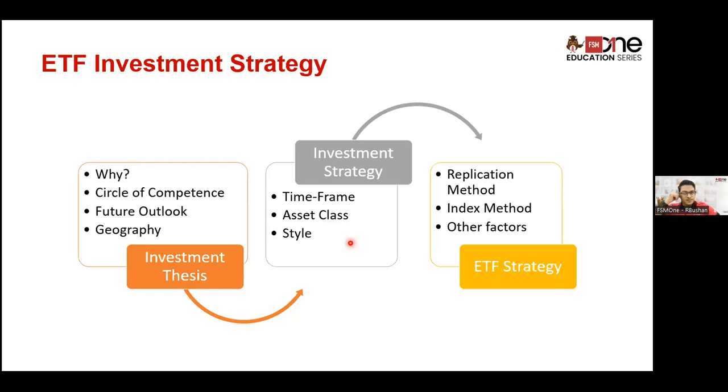Second is the circle of competence. This is very important. Say you want to invest in AI. If you don't have any experience or understanding of that industry itself, it'll be harder for you. I wouldn't say it's impossible, but you need to do more research to understand that industry. So if you want to go into specific industries, start with your immediate circle of competence.